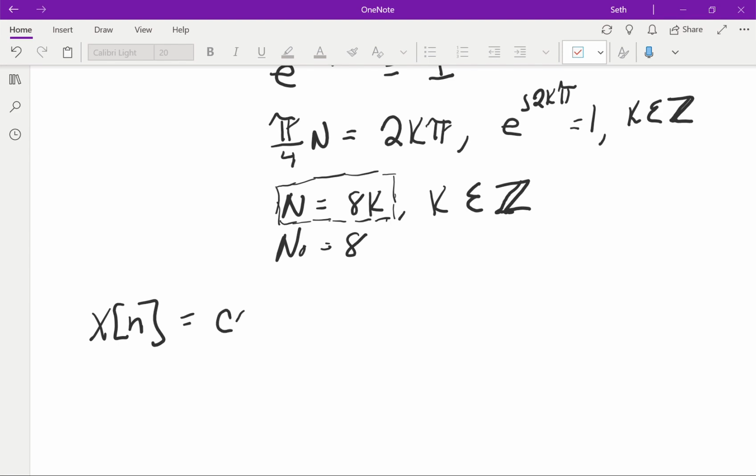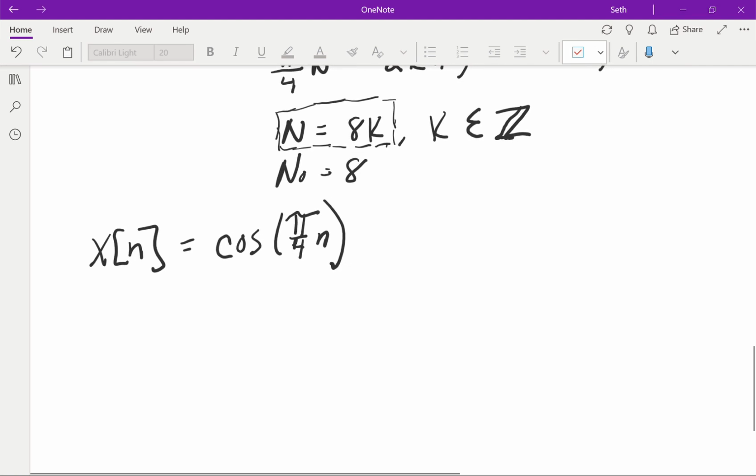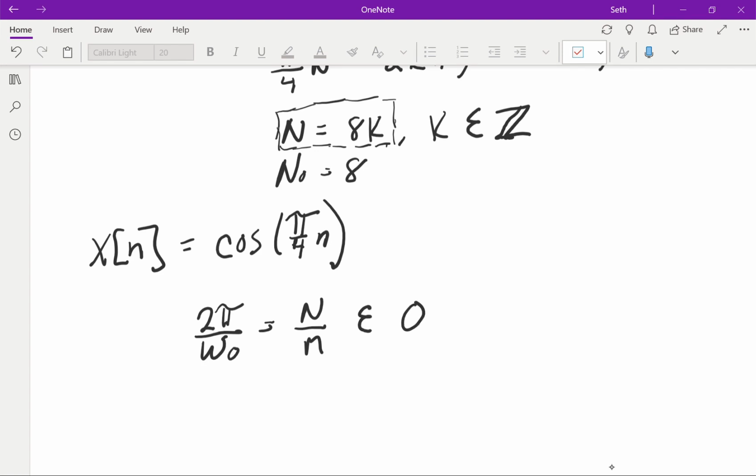by writing it as cosine pi over 4 times n, and a discrete time function is going to be periodic if and only if 2 pi divided by omega naught is equal to N divided by m, and N divided by m is going to be a rational number.